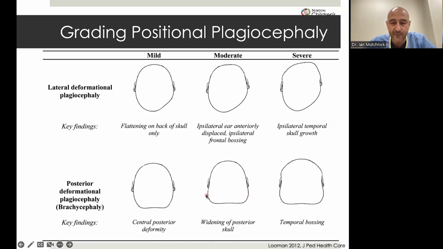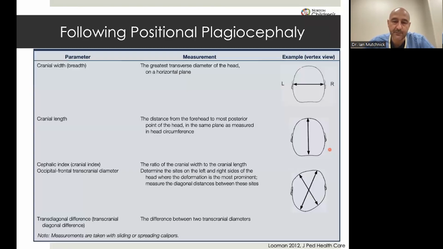There's widening of the parietal diameter if it's moderate, and there's widening of the parietal and temporal regions if it is severe. You can measure these indices. This exists out there. I never do this. It is never the case that I find that this is helpful.